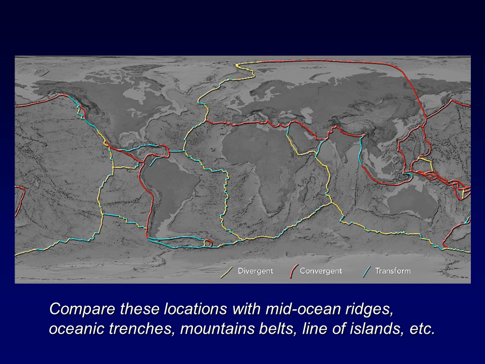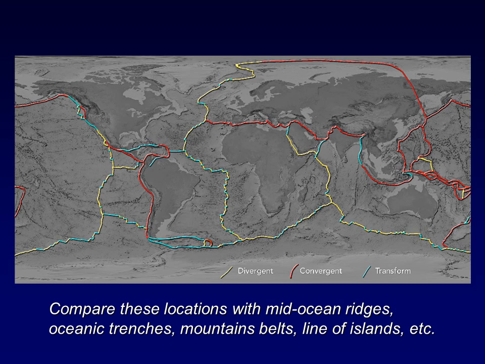So the question in your notes, are convergent boundaries located in the same area as divergent and transform? No. If we're looking at convergent boundaries, we find big, long lines of red, right, all along the Aleutian Islands up by Alaska, all along the western coast of Mexico and Central America, again, all along the western coast of South America.